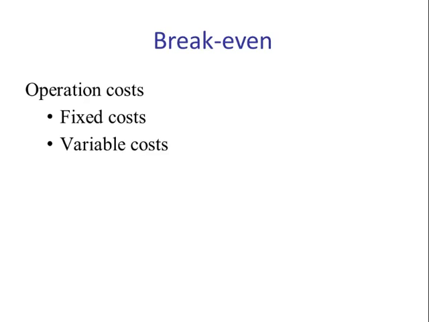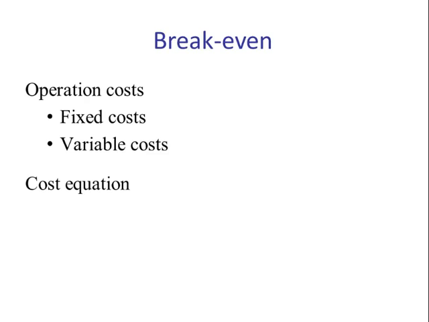So if a business is making shoes, the rent would be an example of a fixed cost, and the variable cost would be the number of shoes they produce in a month. As they go month to month, the number of shoes could change. It could vary.